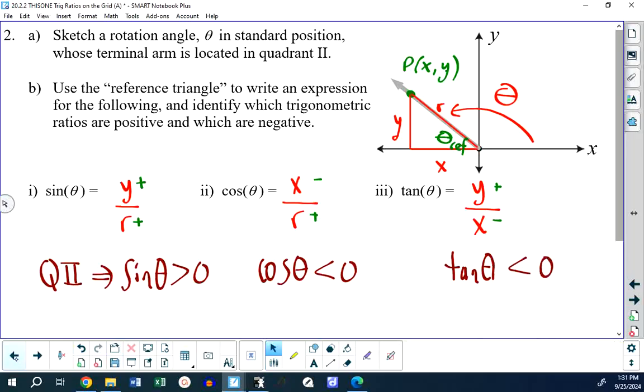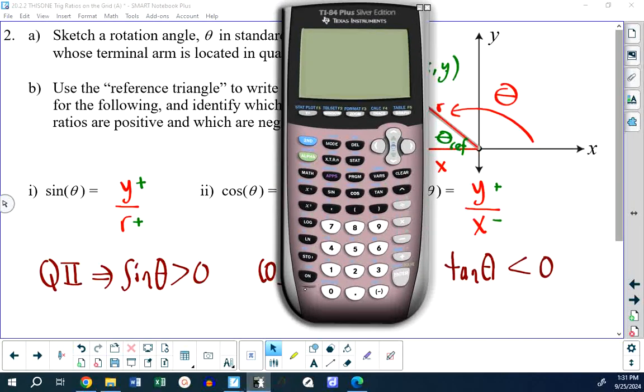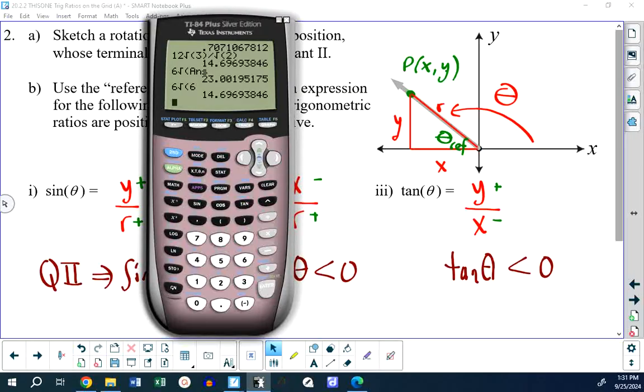I mean, what's an angle in quadrant 2? 90.1 degrees is in quadrant 2. Sine of 90.1 is positive. Cosine of 90.1 is negative.